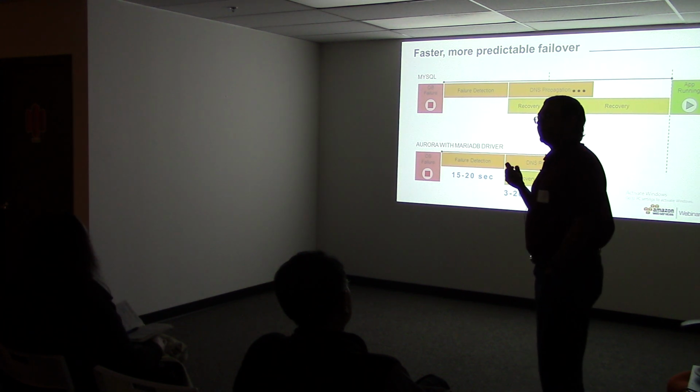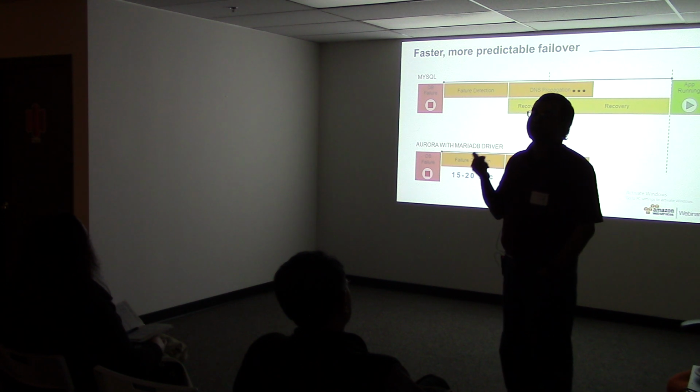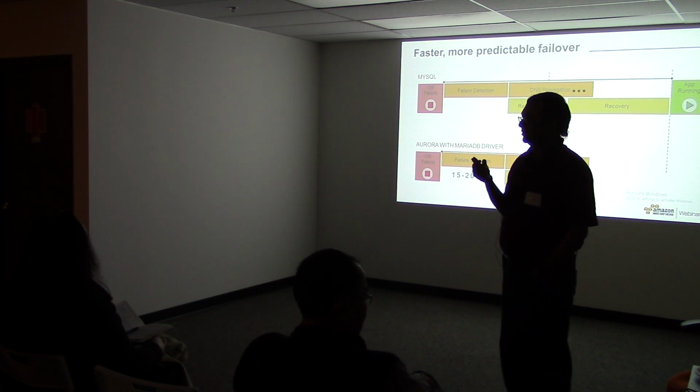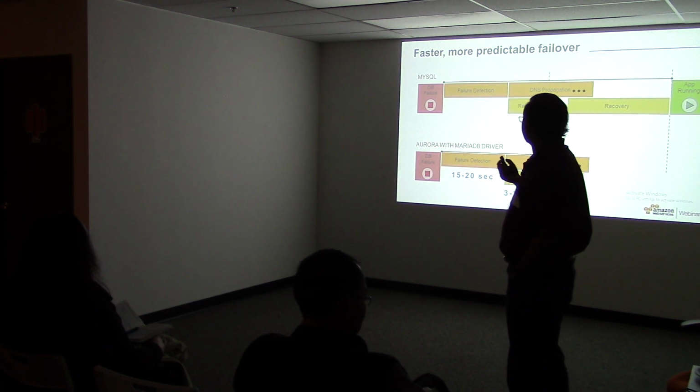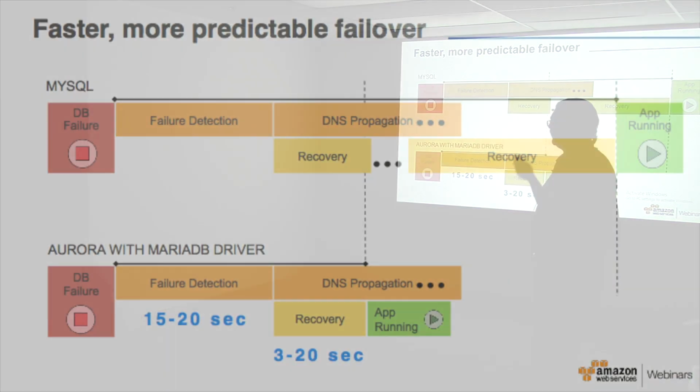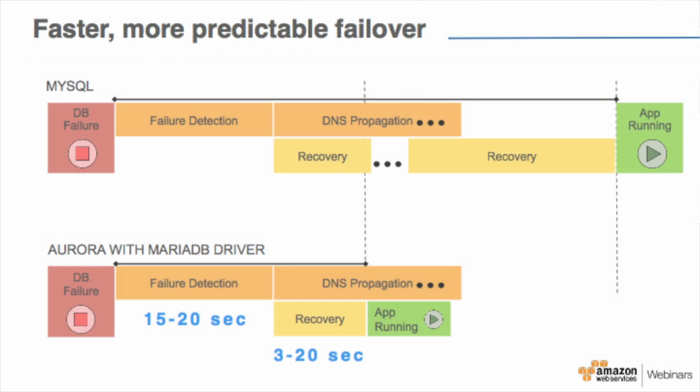Then it takes some time to figure out that there was a failure. In our case, it's typically about 15 seconds, right? It can be lower than that, but we are working on that. Now, in the case of MySQL, the database comes back up, the recovery starts, and the recovery is kind of unpredictable, right? Depending on how much log you need to apply from the checkpoint that you had before, that might take a few minutes.